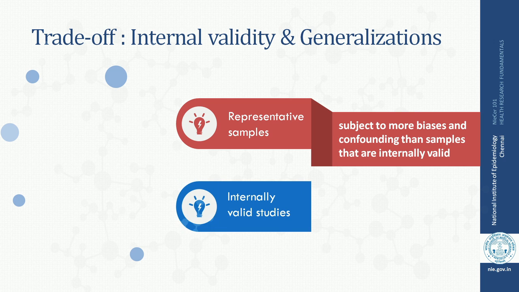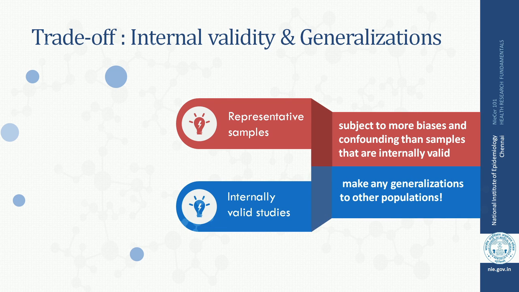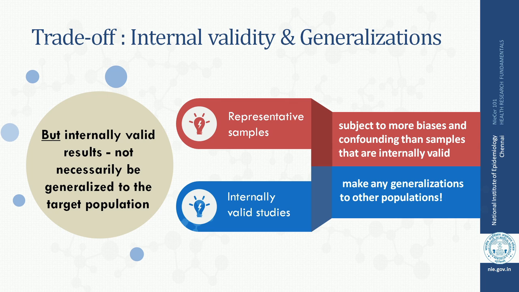Then what happens with studies with good internal validity? They make generalizations to other populations possible, but there is a hitch in that. What is it? Internally valid results are not necessarily generalizable to a target population.